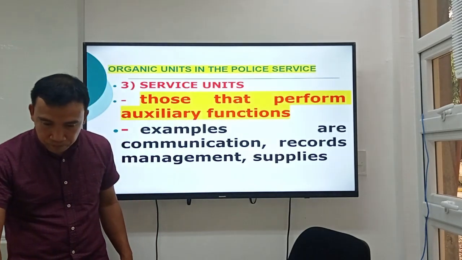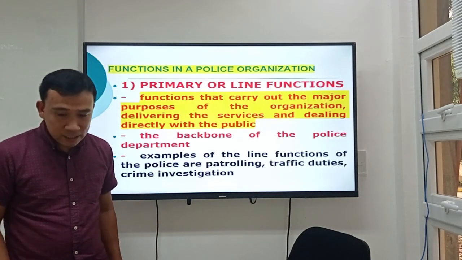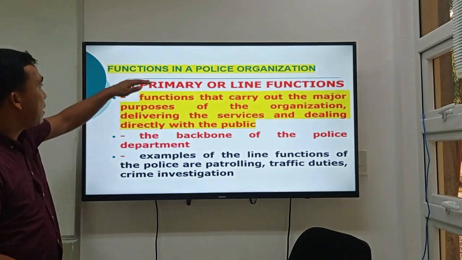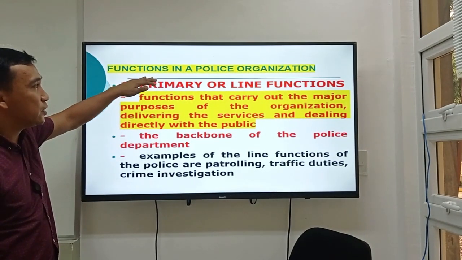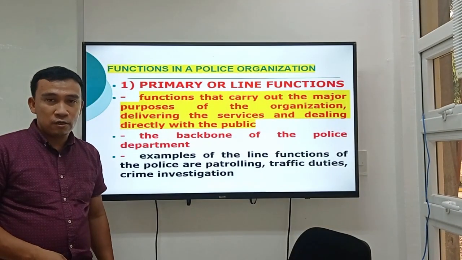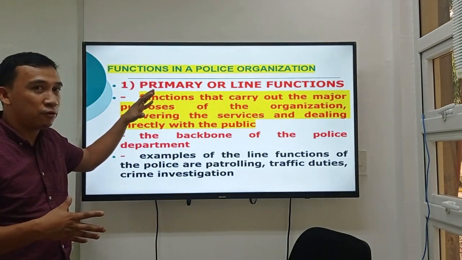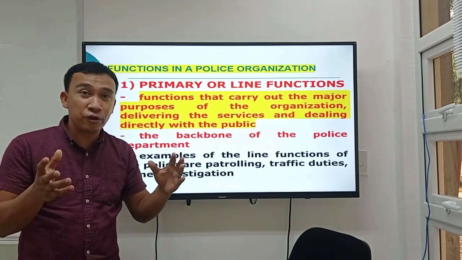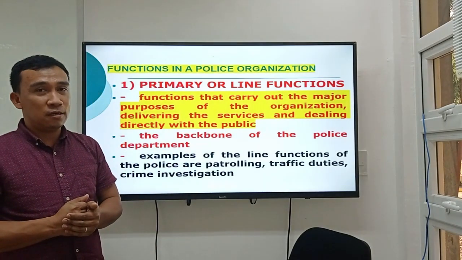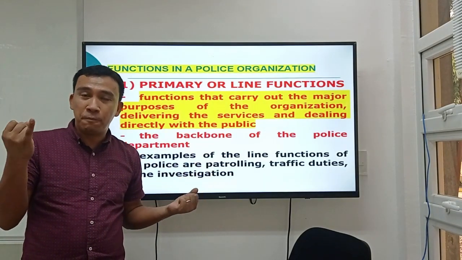Okay? Now, next is functions in a police organization. So itong mga function na ito yung trabaho ng tatlong organic units. Ano yung organic units?